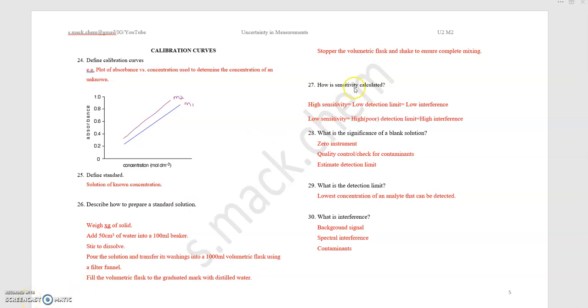So to clarify once more, if in our experiment there's a low degree of sensitivity in our calibration curve, it indicates that the detection limit is not as low as a concentration which would give a great amount of sensitivity to our experiment, and a poor detection limit would be as a result of a high amount of interference in an experiment.